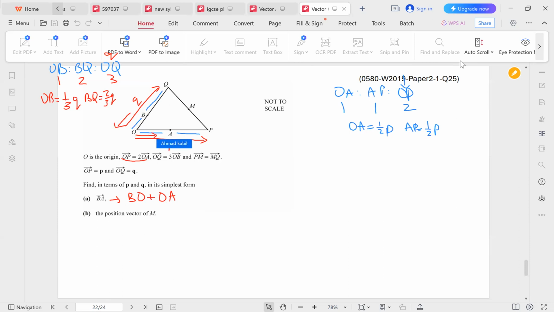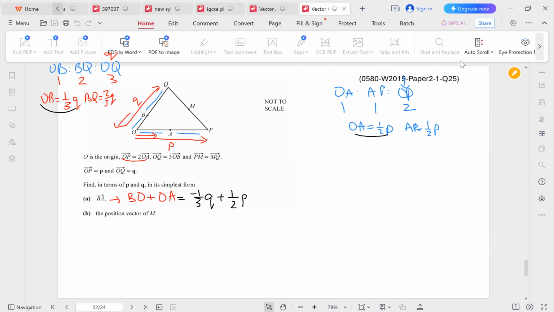So BO is the negative of OB, and we already have OB. So we can get BO as simply negative 1 over 3 times Q. And then OA is already found as well. This would be half P. And that's it, and we're done.